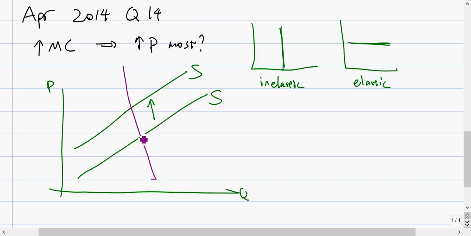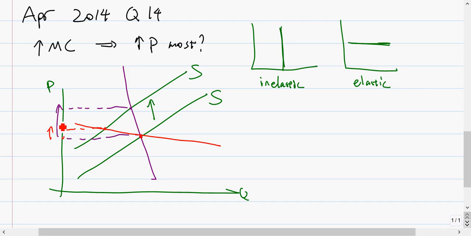So let's say this. Then the price increase from here to here, that's the increase. And we compare it with the more elastic one, which is kind of flat. We start at the same point, and then we increase by the same amount, so we end up here. So the price only changed from here to here.